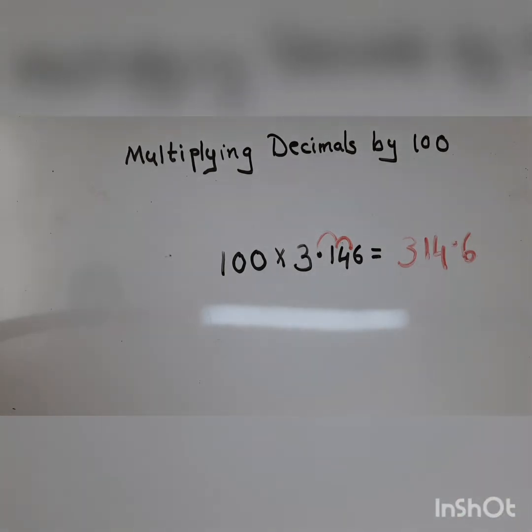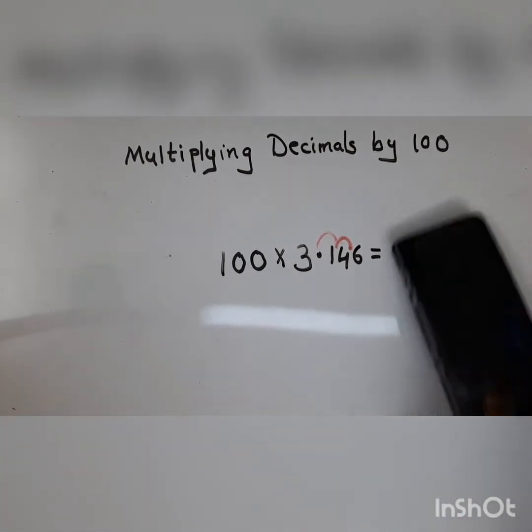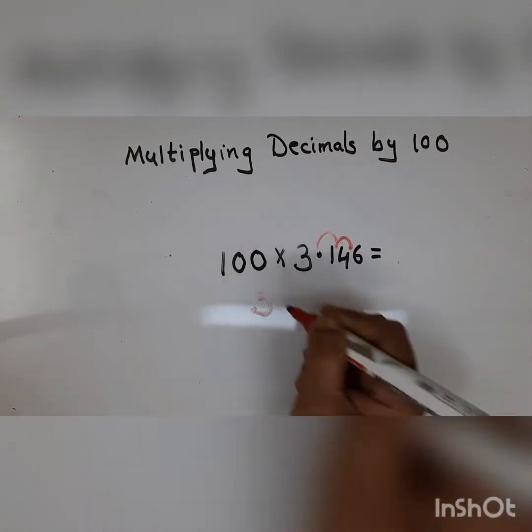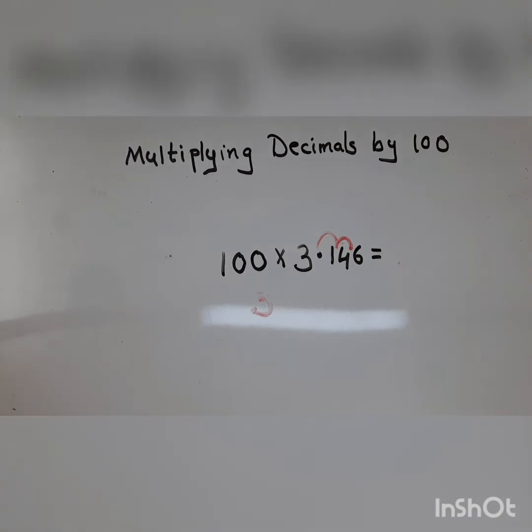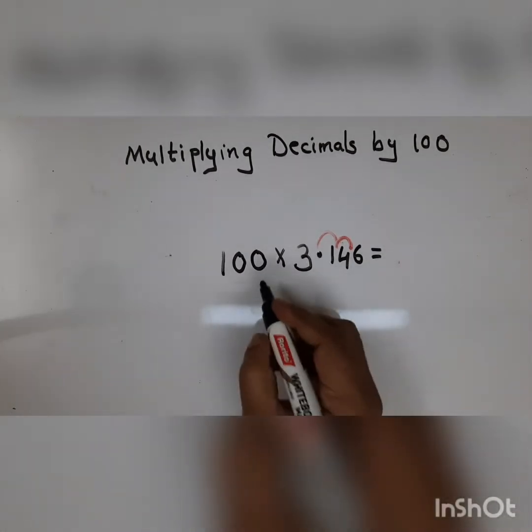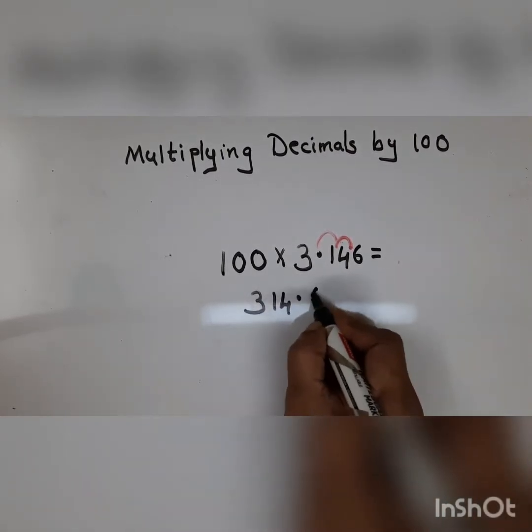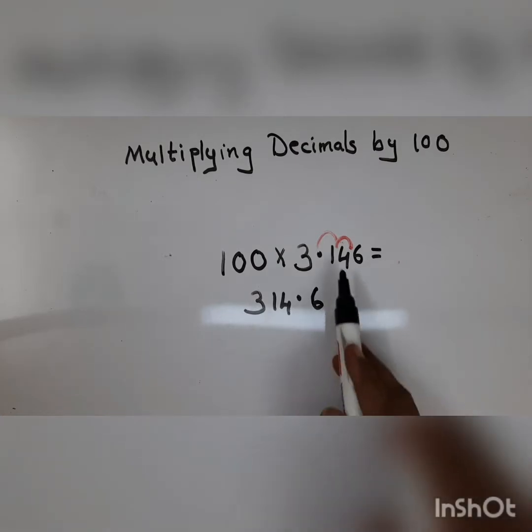Let me write here. 3. This pen is not working. Okay, so my answer is 314.6. Can you see, children? 1 place and 2 places.